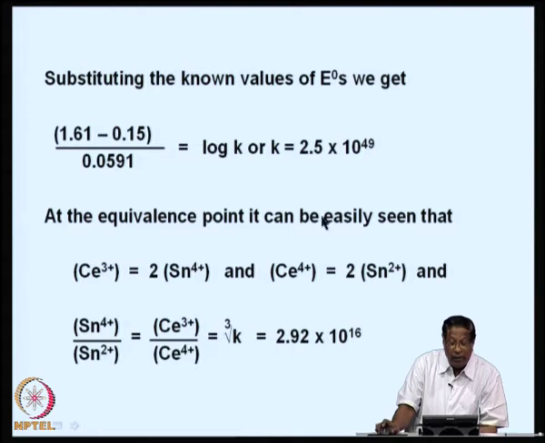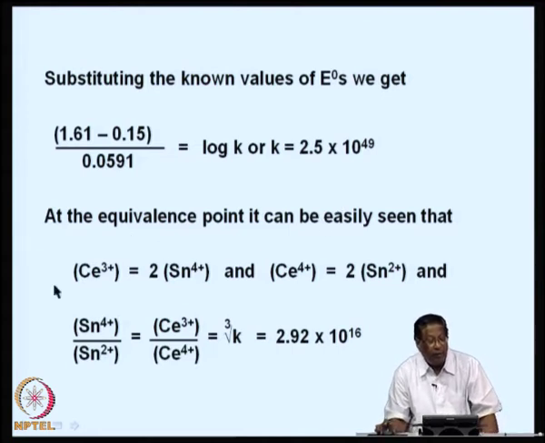So, at the equivalence point, the concentration of stannous should be half that of stannic. That means twice stannous is equal to stannic, and twice ceric would be equal to cerous, and we can write this stannic to stannous and ceric to cerous ratio, this is twice, so 2 plus 1 is 3.